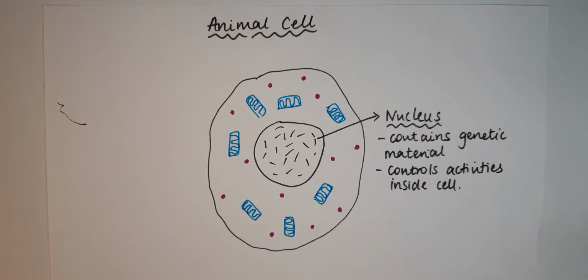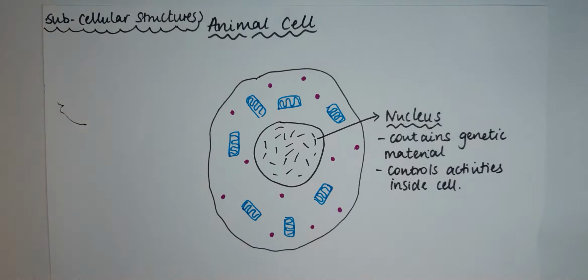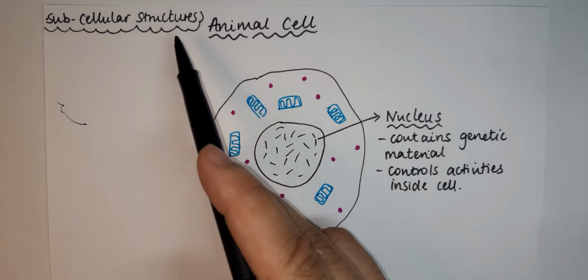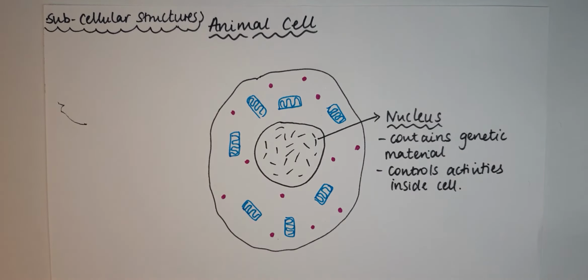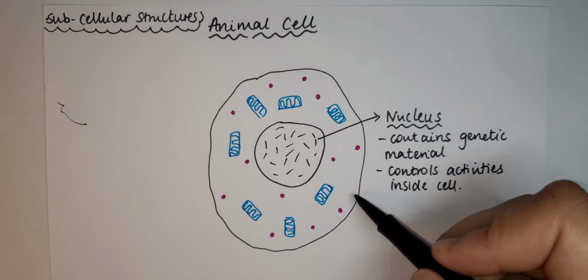So that's the first thing that we need to know, the first part of this animal cell. And these parts are called the subcellular structures. So just keep that in mind. I'll write it in the corner of the page so you remember. The second subcellular structure that we're going to look at is the cytoplasm, and the cytoplasm is here.